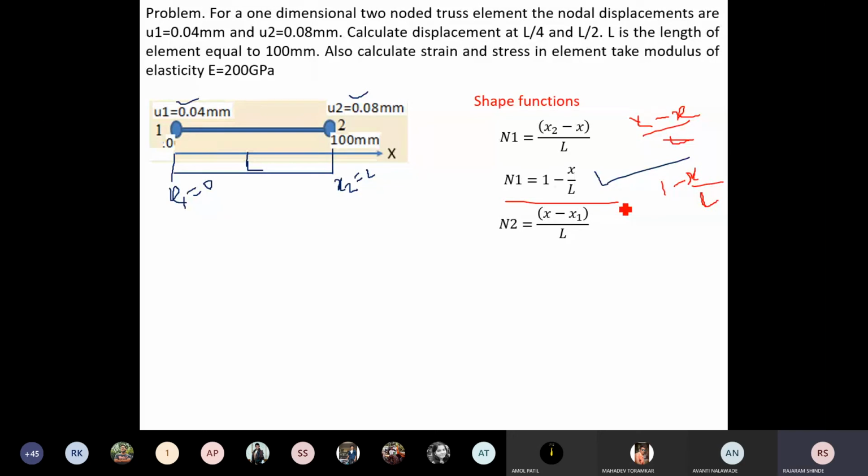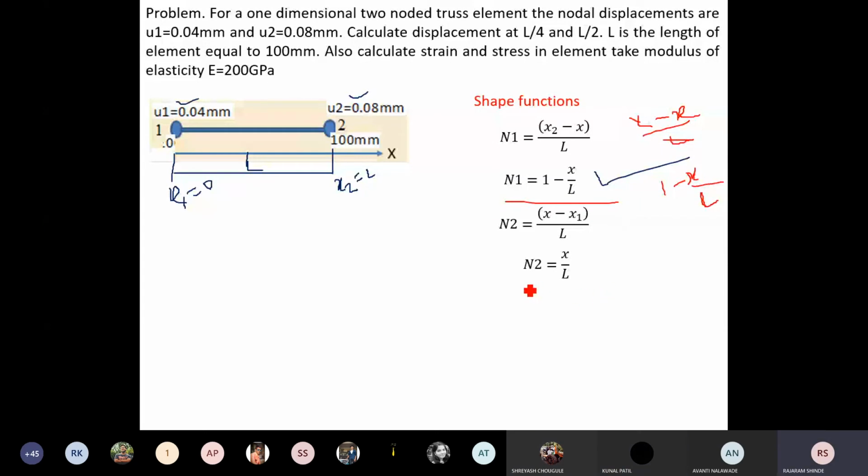Divided by L, how much does it become? Kunal Patil, what is shape function n2? x by L. Okay, n2 is equal to x by L.